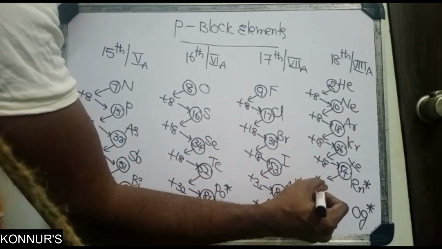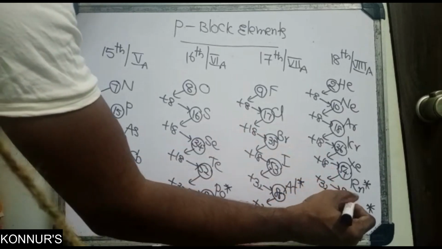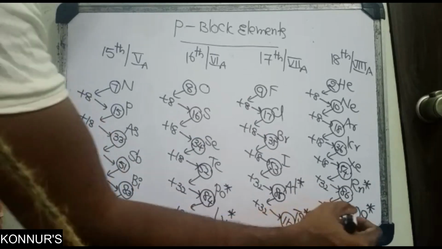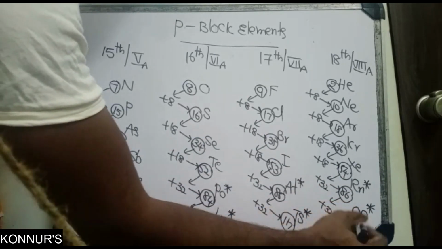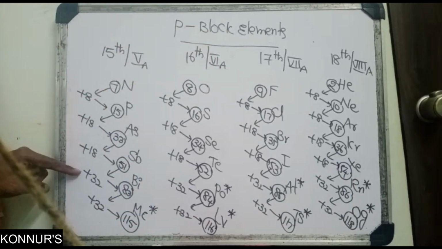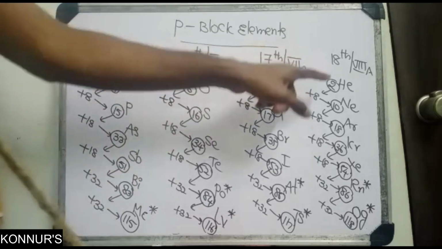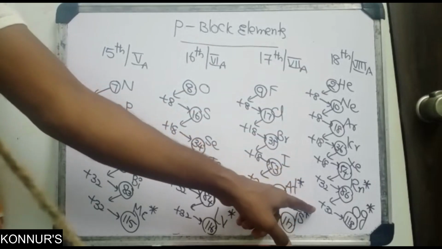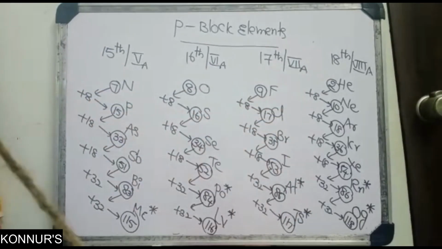Next 32, 86. Next 32, that is 118. See, except 18th, for 15, 16, 17 you add 8, 2 18s, 2 32s. But for 18th only 2, 8, 2 18s, 2 32s. You add means you directly get the atomic numbers.